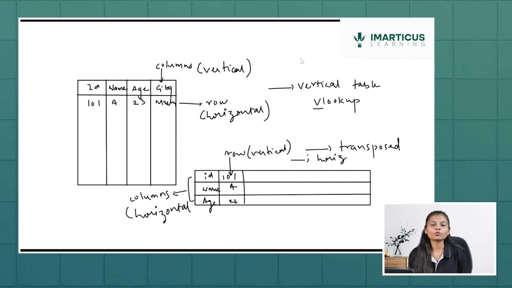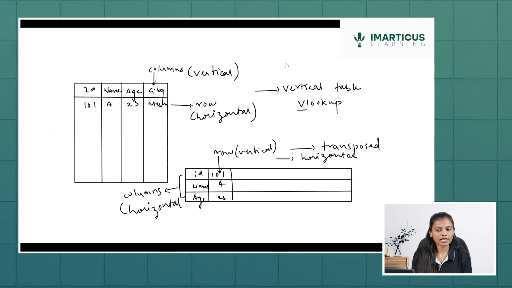When I talk about the lookups which we saw earlier, lookup was helping us look for data which was in a vertical table or in a horizontal table. But there are two other variants of lookups. The very first is VLOOKUP and the second is HLOOKUP, which focus on the alignment of the table or the table array where the search will happen.